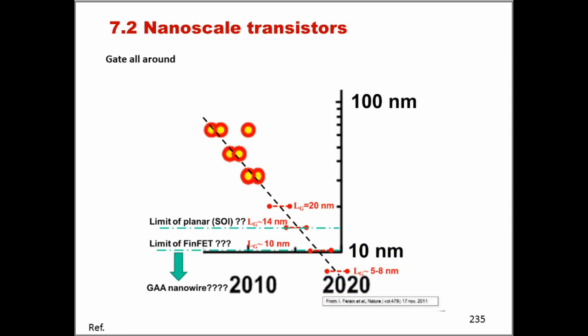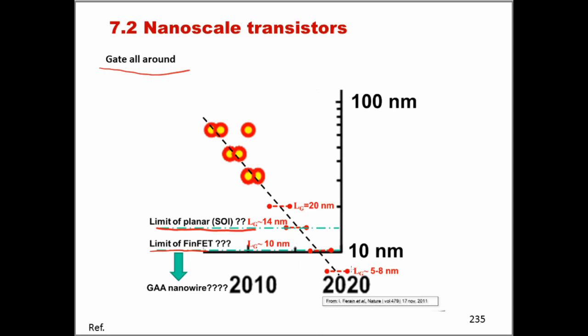And here we see how the gate-all-around is actually en route to be the transistor of the next maybe 15 years or so. So as you can see, the planar SOI is expected to have as a limit, you can see here, 14 nanometers, the FinFET probably 10 nanometers.